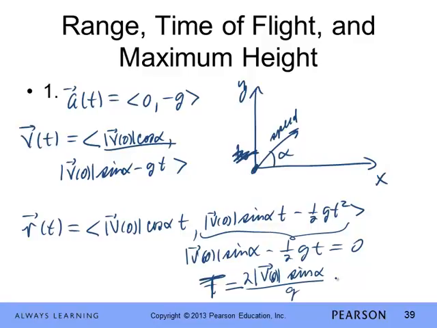So you want to know how long it takes for the object to go all the way up and then all the way down? Well, you need to tell me the speed, you need to tell me the angle of inclination, and of course we know the acceleration due to gravity, either in the USCS or the SI system.